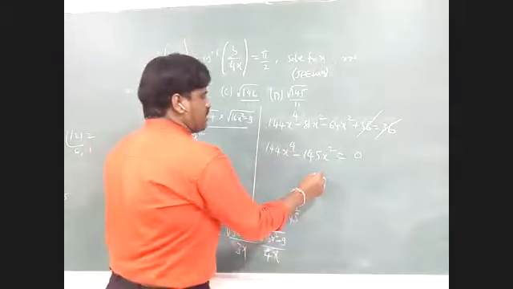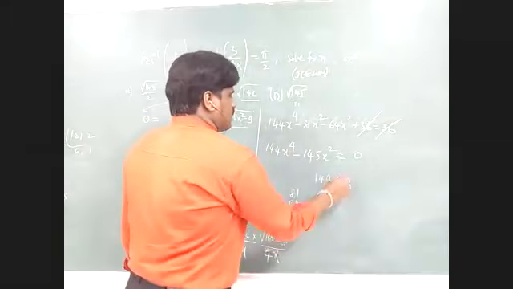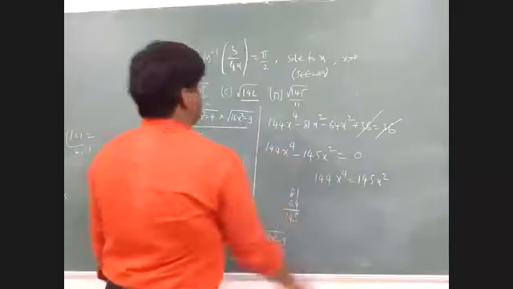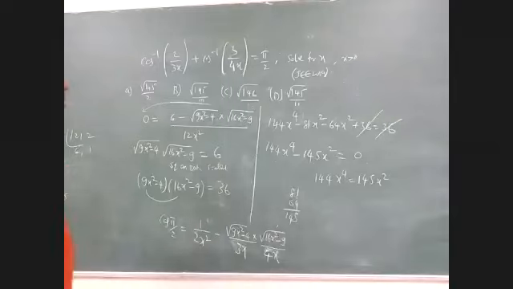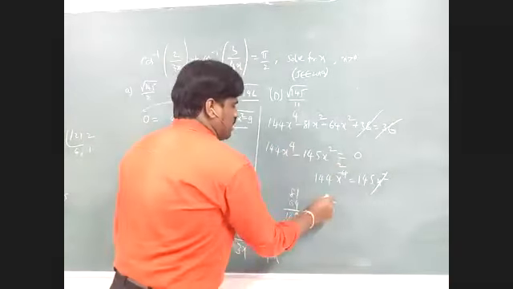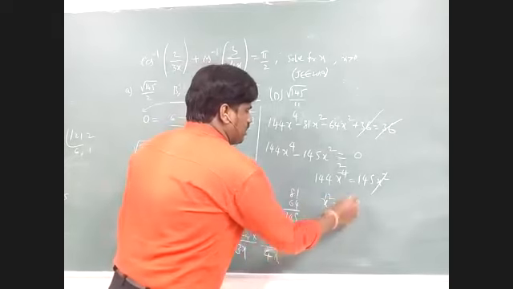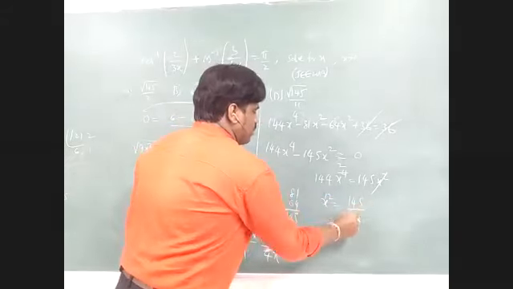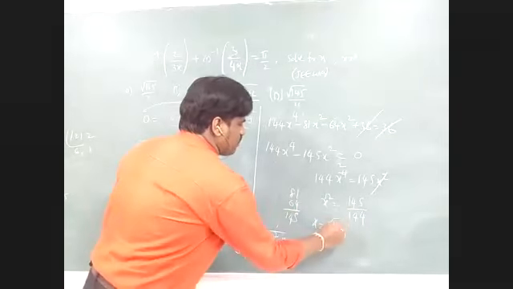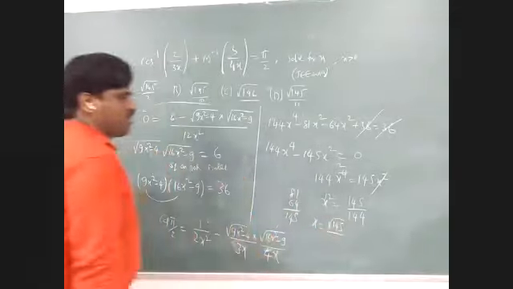So if I equate this, 144 x power 4 is equal to 145 x square. So this x square cancels out. So 1 x square is equal to 145 by 144. Then the x value will be square root of 145 by square root of 144, which is how much? 12.